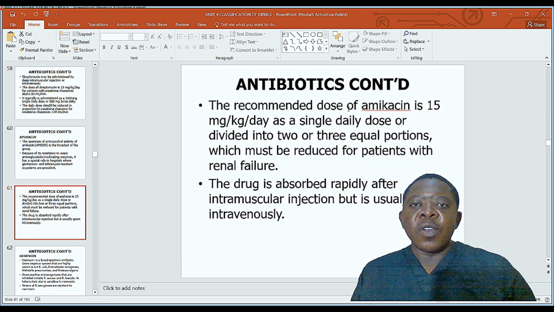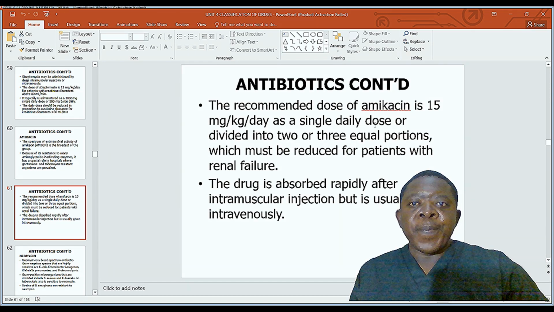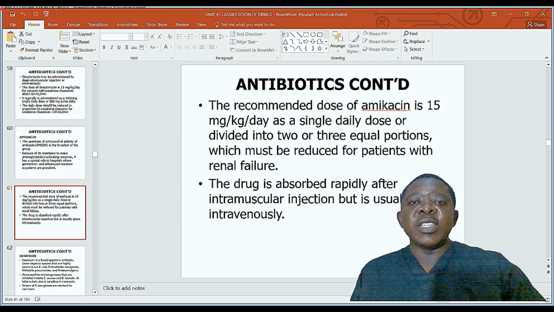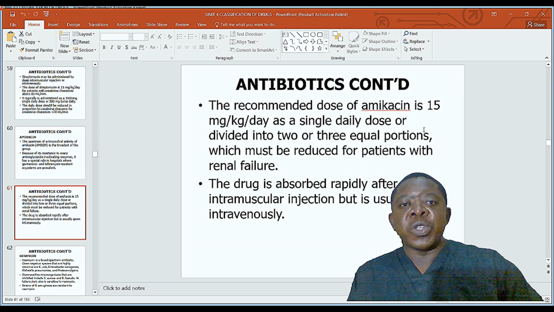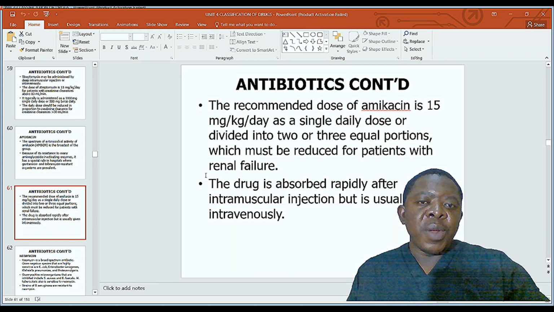The recommended dose of amikacin is 15 milligrams per kg body weight as a single daily dose or divided into 2 or 3 equal portions, which must be reduced for patients with renal failure.